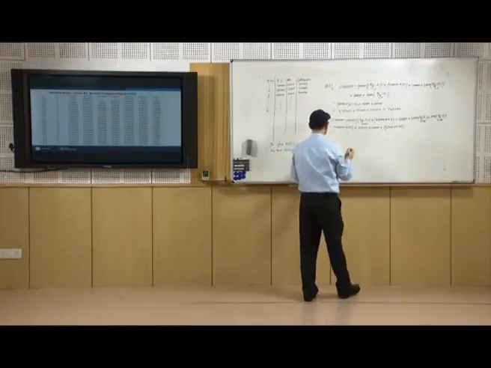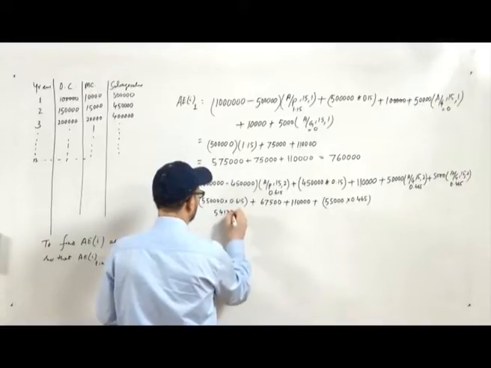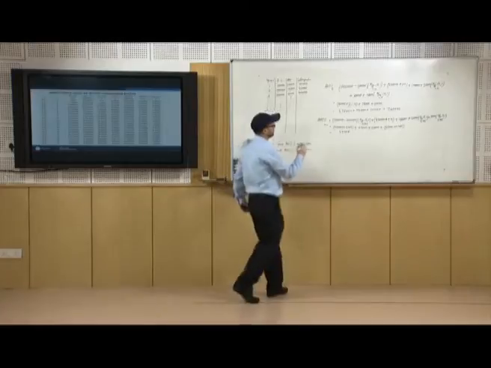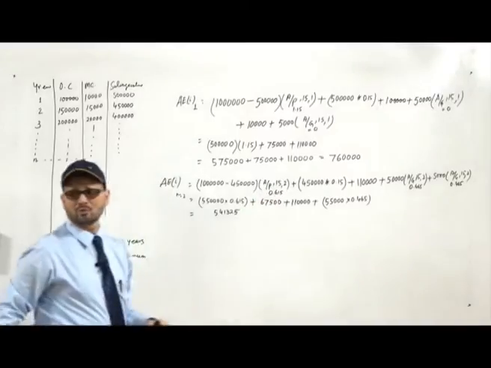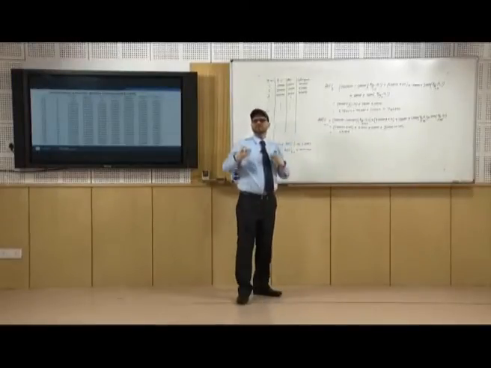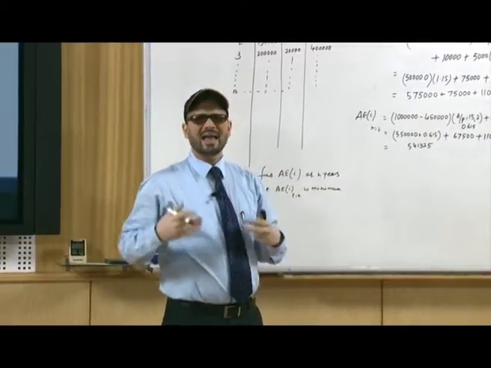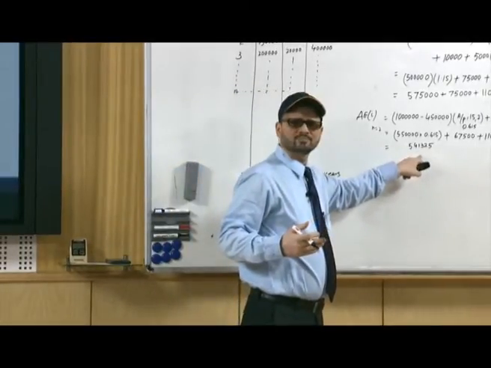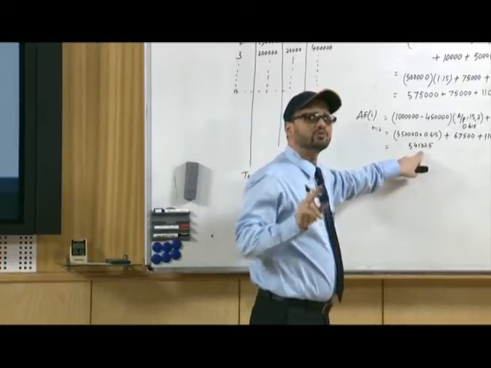So, it comes out to be 541,325. This amount is less than the amount which came for n equal to 1 year. It means if the machine is used for 2 years, it is economical as compared to when it is used for 1 year.